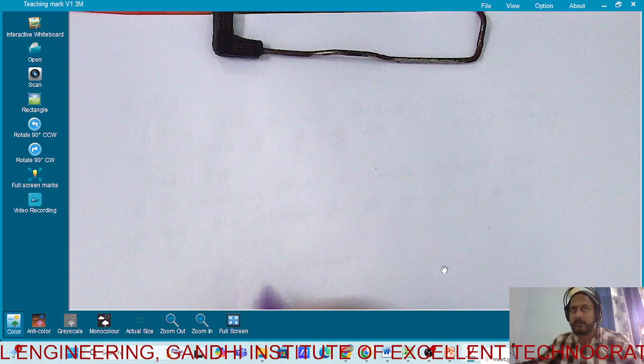What path is it traveling? It goes from A, passes through P, and goes to point B. You can see the figure.